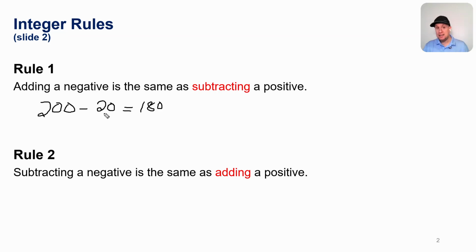Now, subtracting a positive, subtracting a 20, can also be rewritten in the form of adding a negative. So let's say instead of you subtracting, taking a debit card out or cash, let's instead say you start with $200, but then you charge or add $20 to your credit card.